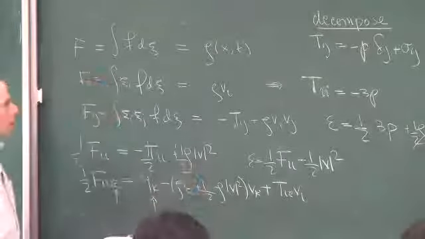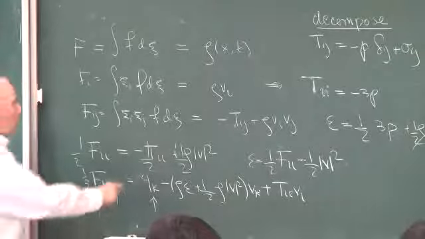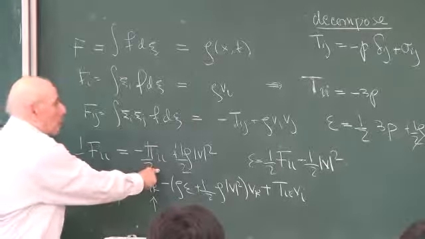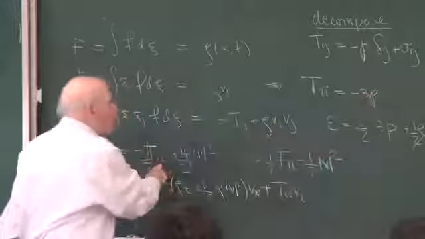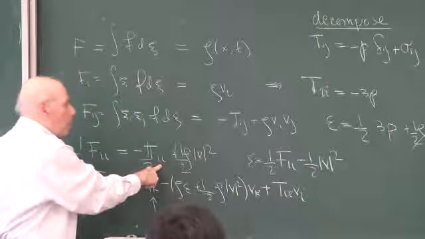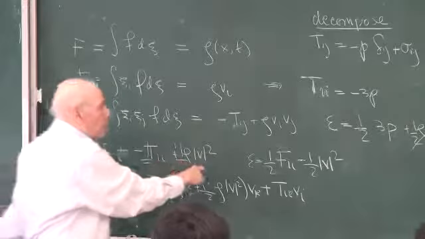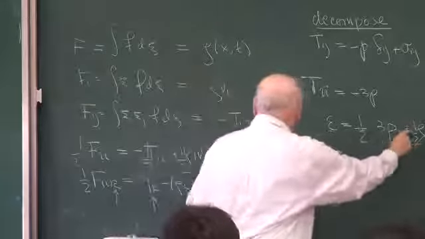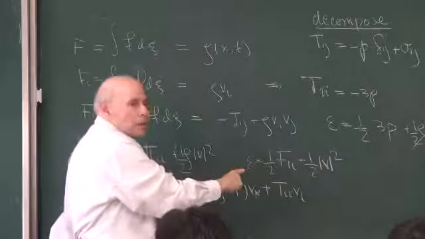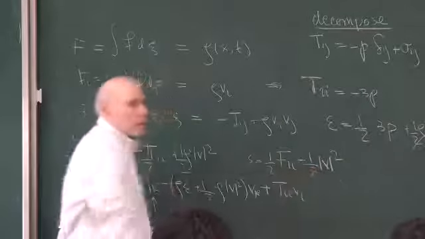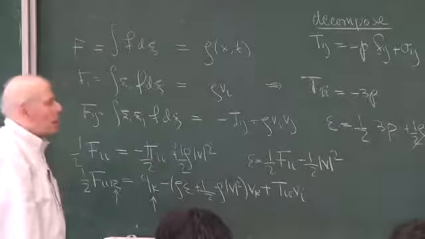And TII was minus 3p. So that becomes plus 3p over 2. Then I had plus 1/2 rho V squared. So that took care of putting in all the information from there. And then I subtract off the 1/2 rho V squared, and they cancel.